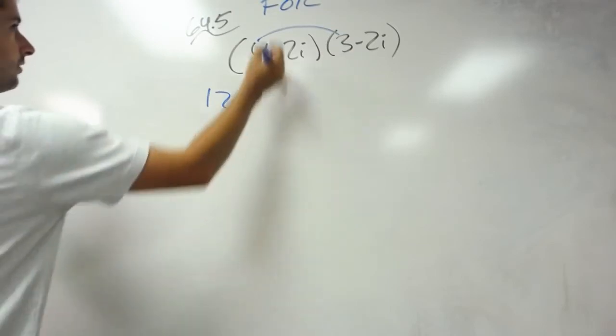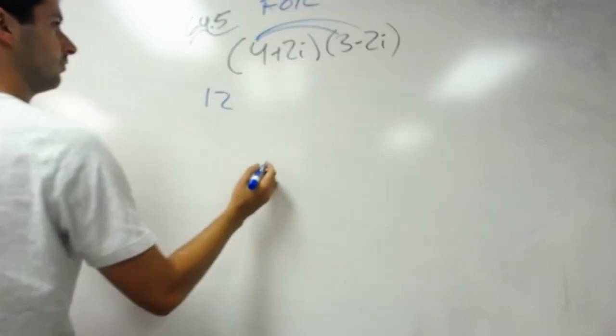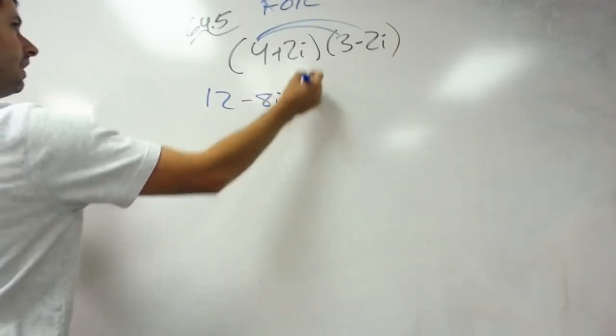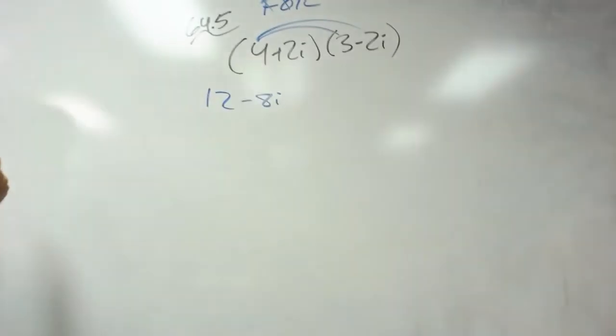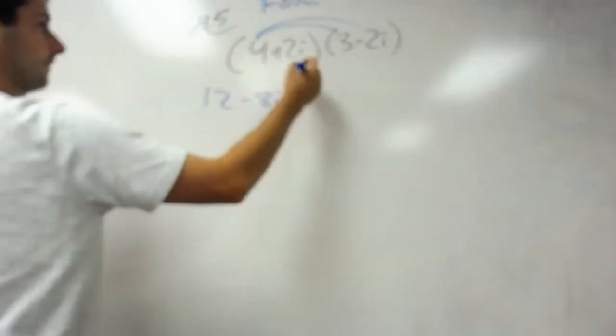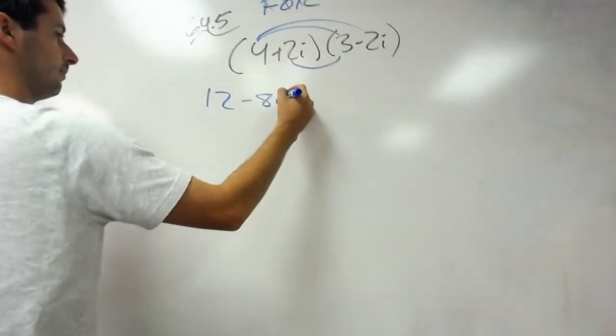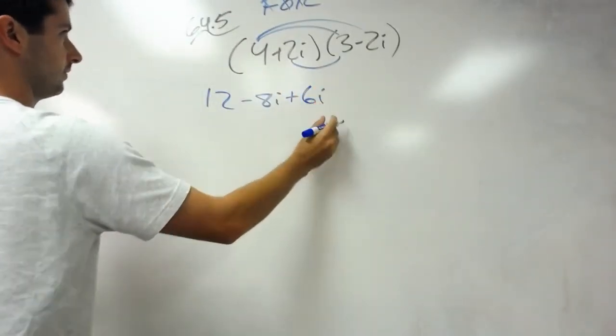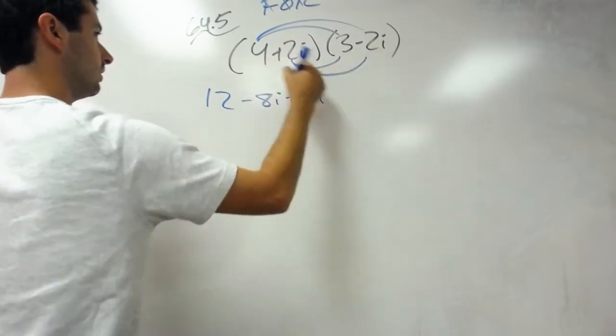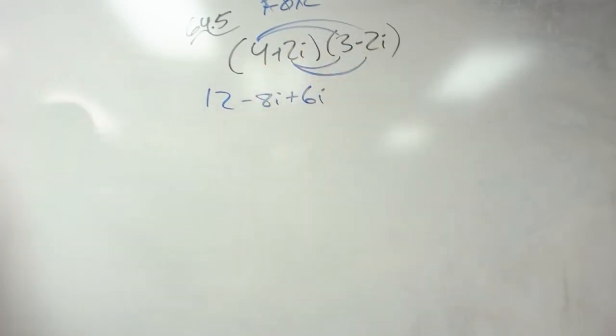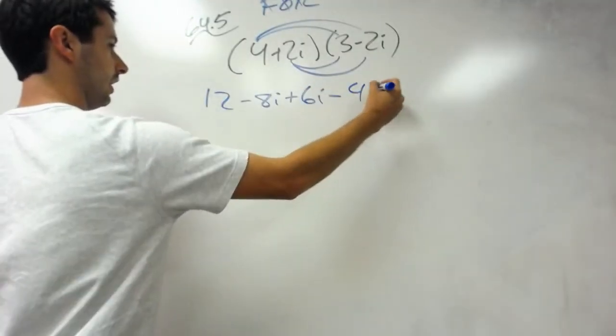And then we do our outside. 4 times negative 2i is negative 8i. Then we do our inside, and that would be positive 6i. And last, 2i times negative 2i. Well, that would be a negative 4i squared.